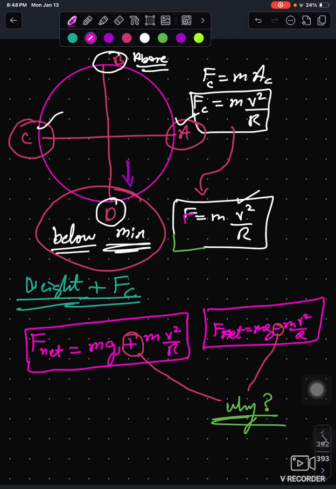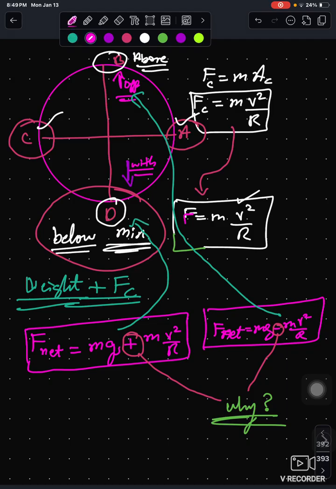But at the top, we're opposing gravity. That's why this negative one goes to the top and this positive one goes to the bottom.